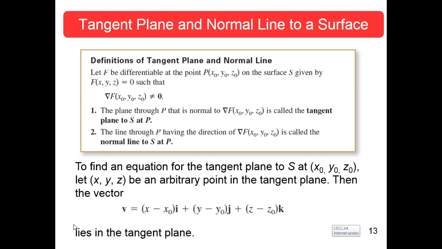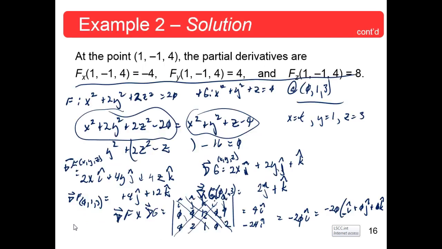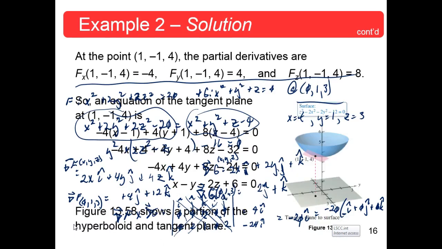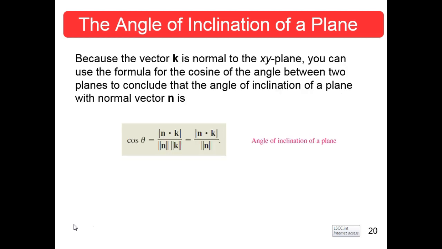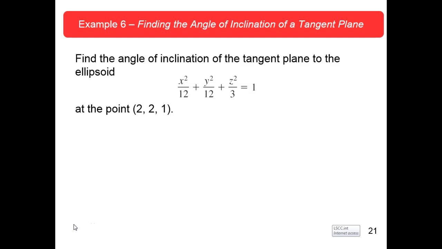The line through a point P having the direction of the gradient, good old gradient vector at that point, is called the normal line. So it's going to have the same direction as the gradient. So guess what we're going to do first? Find the gradient. Okay? All right. One more. Here we go.